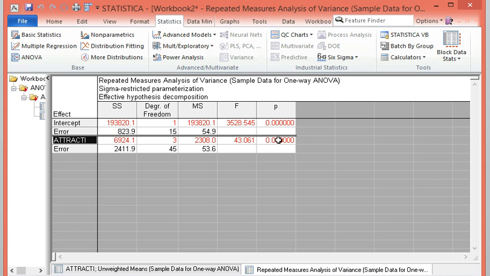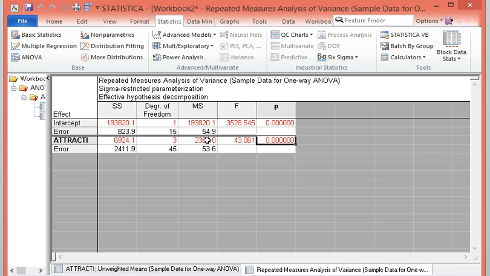And we can see that the probability is less than 0.05, which means that there is a significant difference in the means, at least in 2 of the means in our 4 different levels.